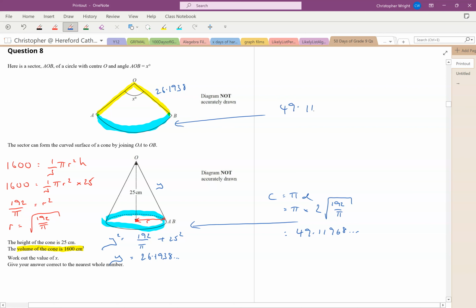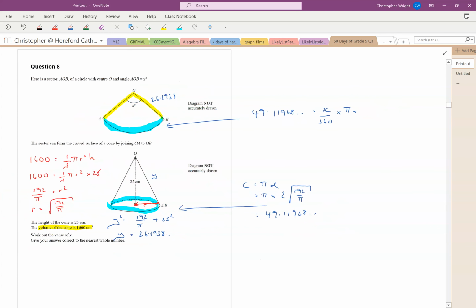So, using this diagram, that curved blue part of the circumference also has a length of 49.11968, and so on. And that equals x 360ths of pi times the diameter, where the diameter is twice that 26.1938, so pi times 2 times 26.1938. So I have an equation I can solve for x.